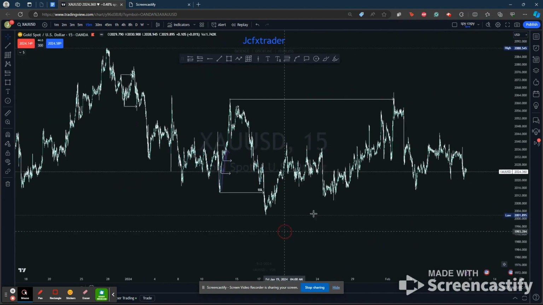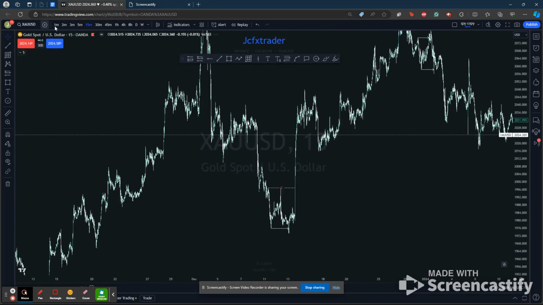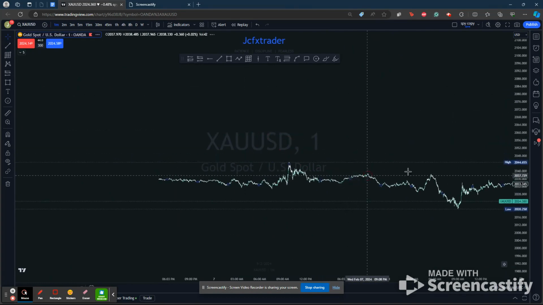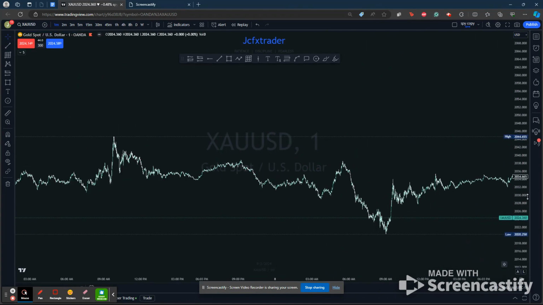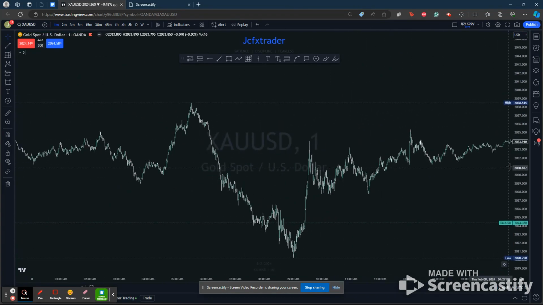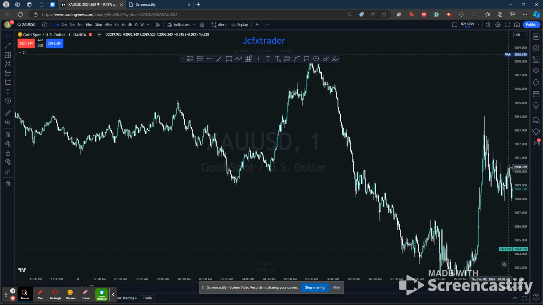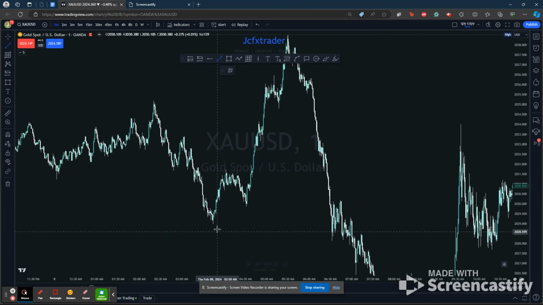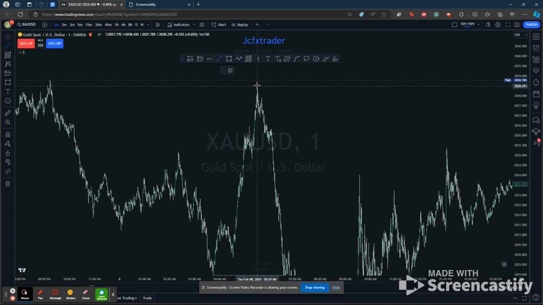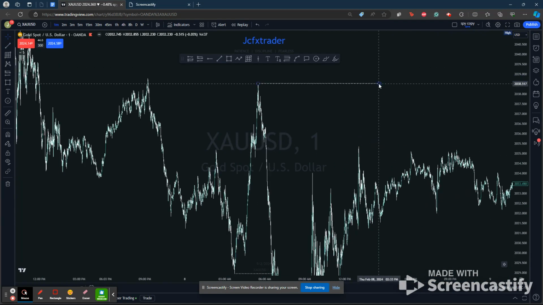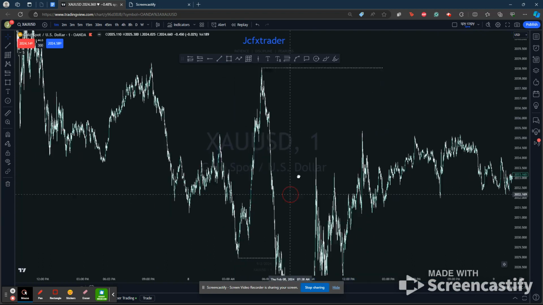Now let's take a look at another example of a sweep that becomes a breaker structure, right? So let's say we're looking at it right here, right? We have our externals here, right? And if we were to look, this would be our buy side.